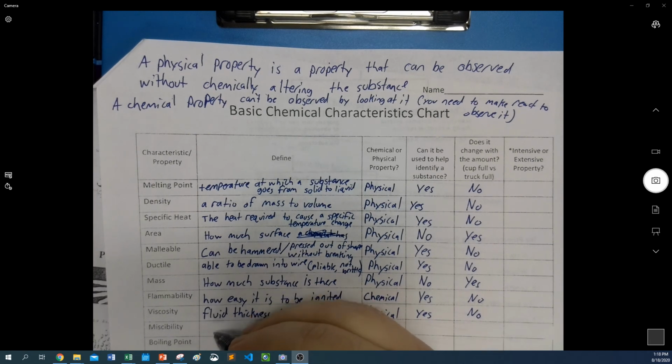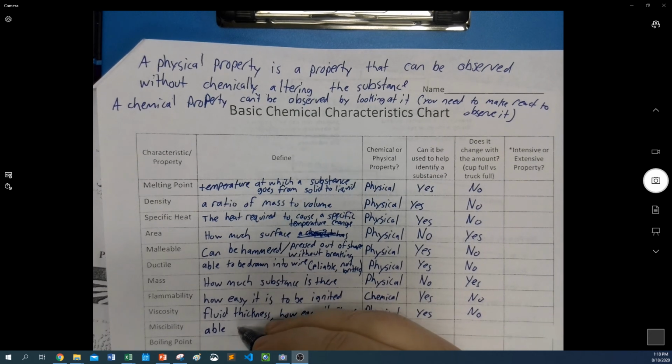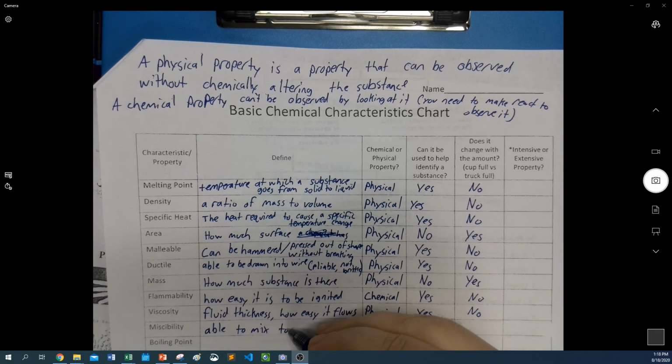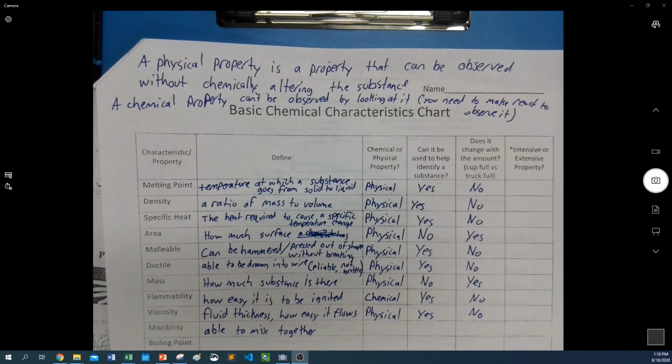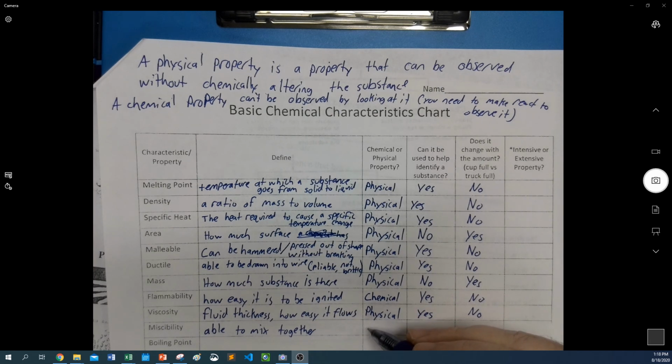Miscibility is how able it is to mix together. For example, oil is not miscible in water. Oil won't mix with water, or floats on top.